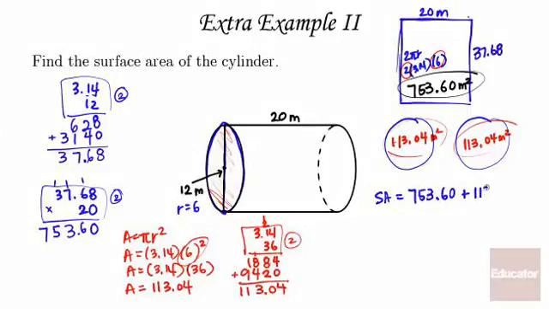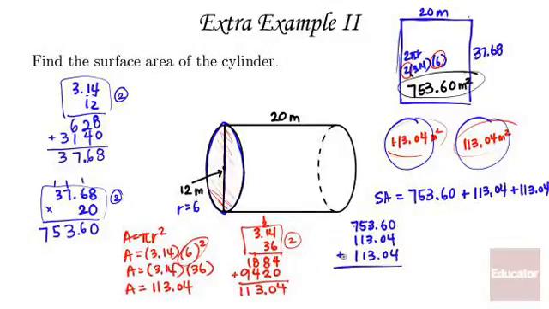So 113.04 plus 113.04. Okay, let's go ahead and just add them, line them up. So 753.60 with this one, 113.04 and 113.04.